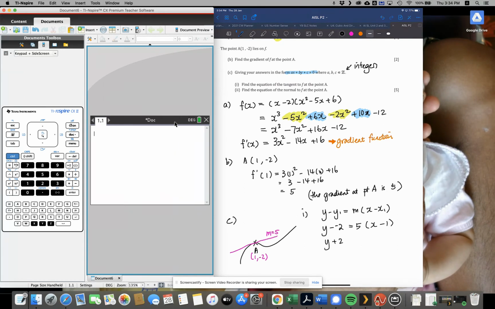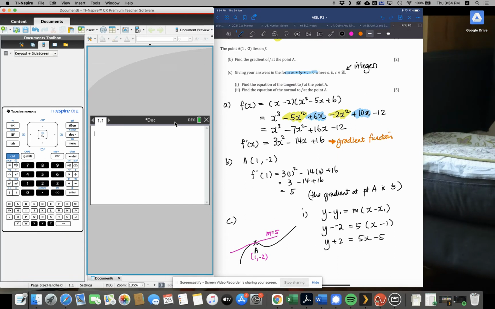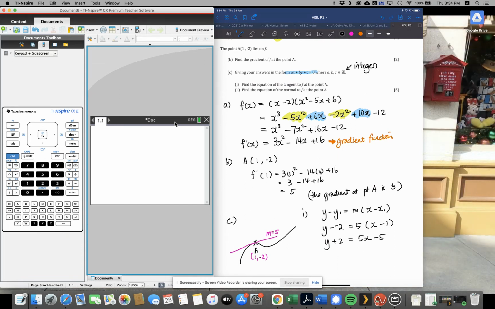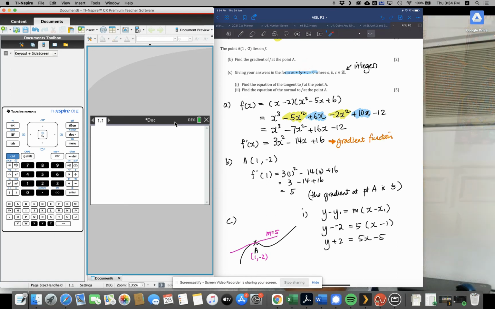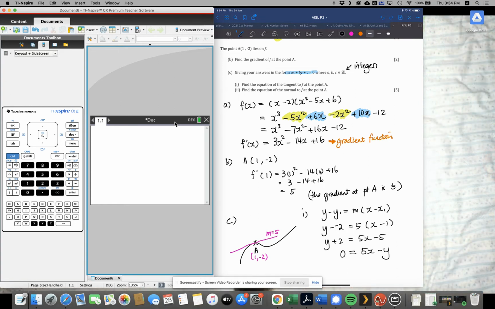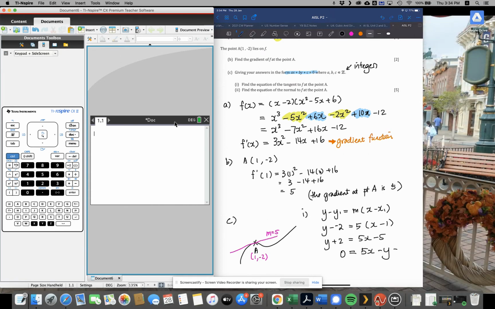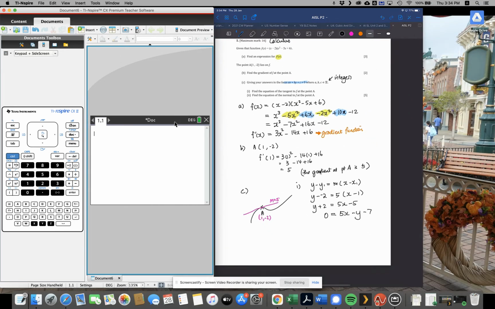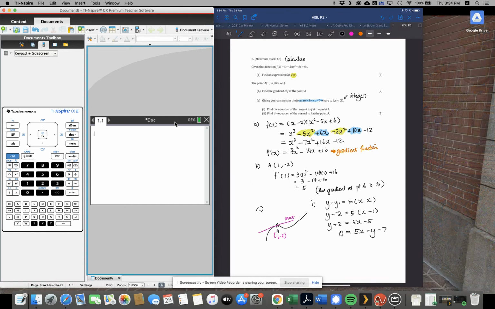So y plus 2 is 5x minus 5. We want it in this fashion, so we want ax plus by plus c. I'm going to rearrange everything from the left-hand side to the right. So 5x, take y away, take 5 and take 2 away. So becomes, take away 7. So this is the equation of the tangent.